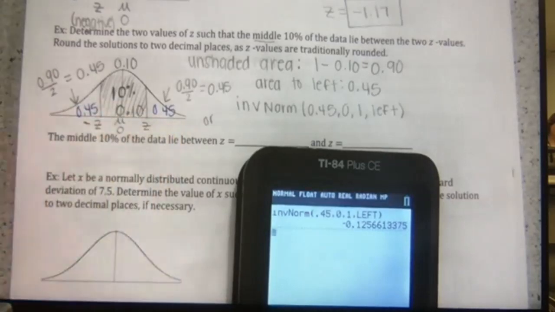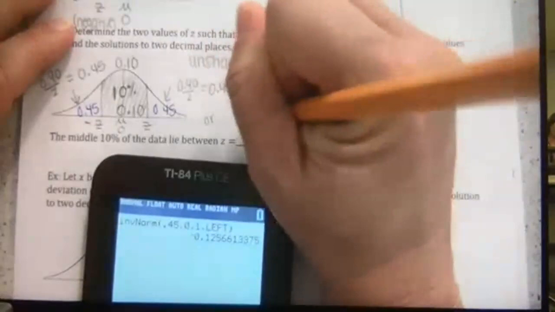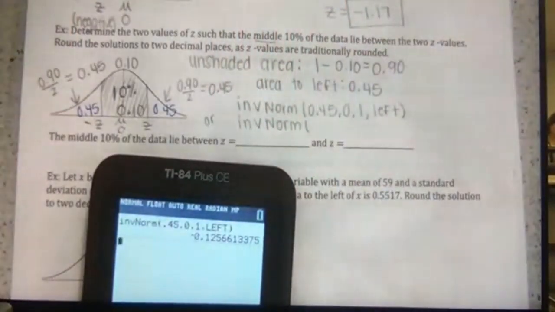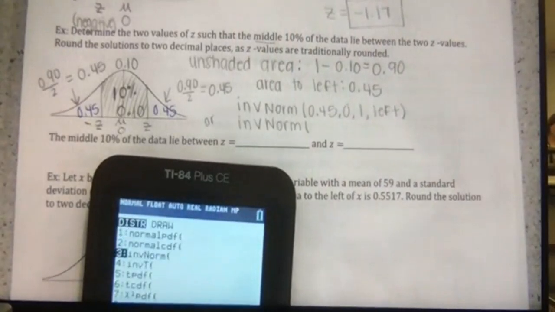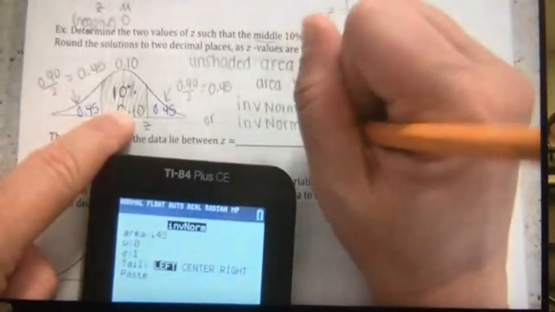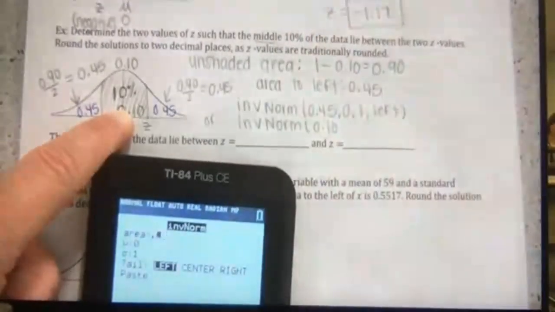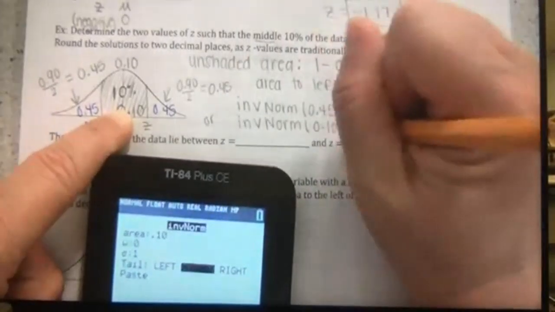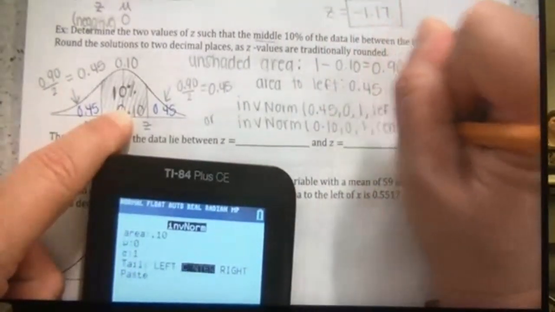And that's it. If you have a newer calculator like mine where it gives you the option for center, because we're looking at the center of these 2 symmetric values, you can use that option. So second bars, inverse norm. Our area is in the middle, 0.10. Our mean is 0, standard deviation is still 1, and that's area of the center.